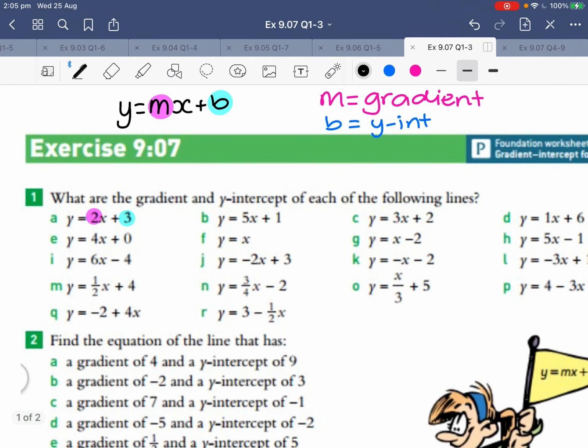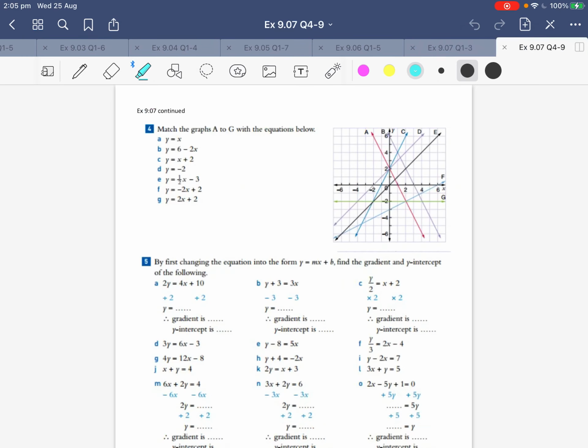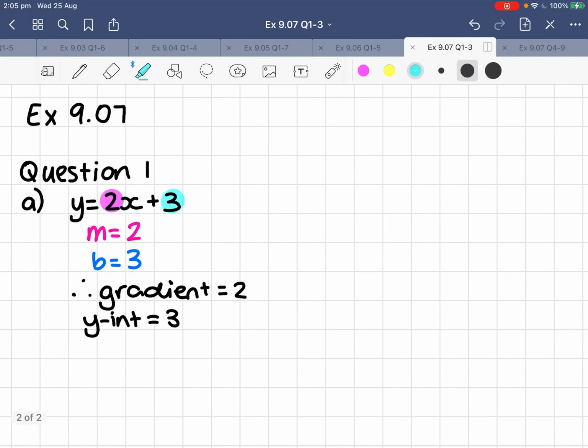Okay, let's have a look at b. For b, we have y equals 5x plus 1. So we have a gradient of 5 and a y-intercept of 1. Like I said, our gradient is our value in front of x, and our y-intercept is our constant that's been added on.